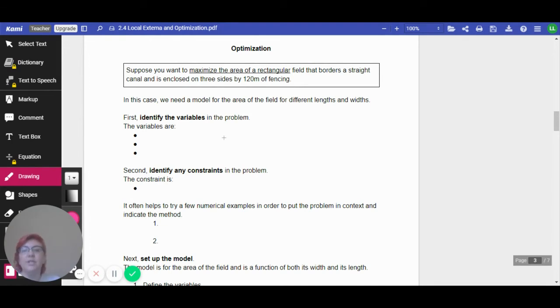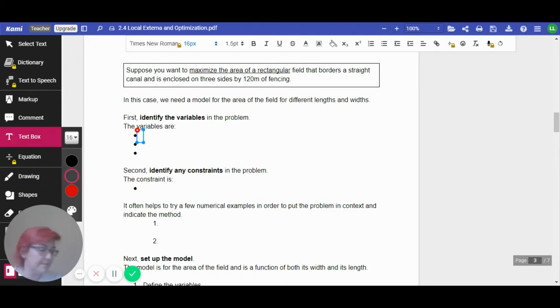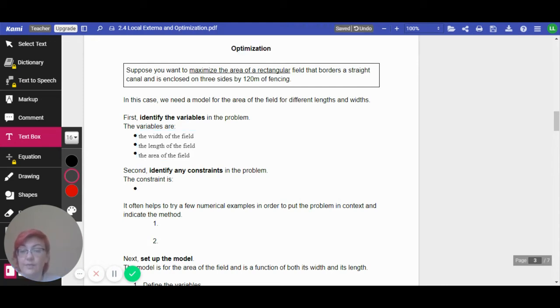In this case, we would need a model for the area of the field for different lengths and widths. So the first thing we want to do is identify our variables. And our variables are the width of the field, the length of the field, and the area of the field.